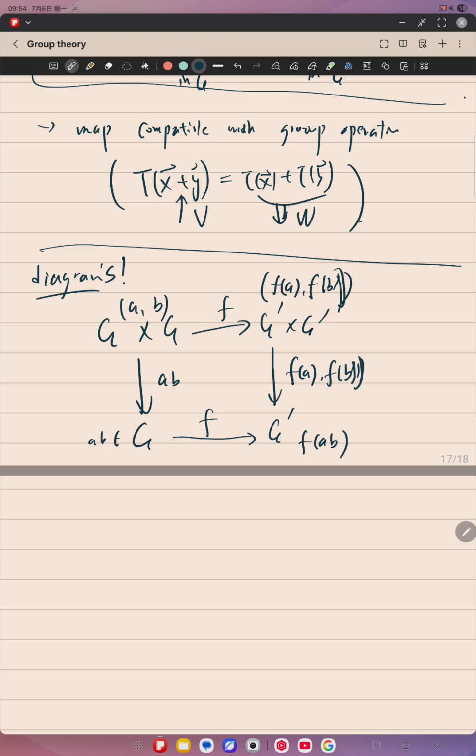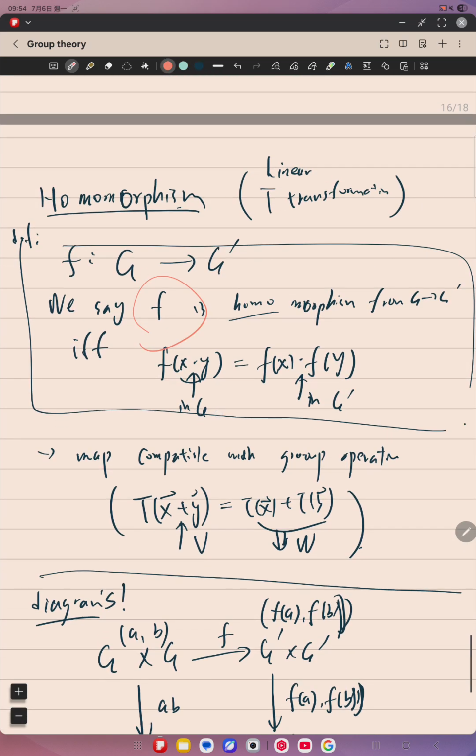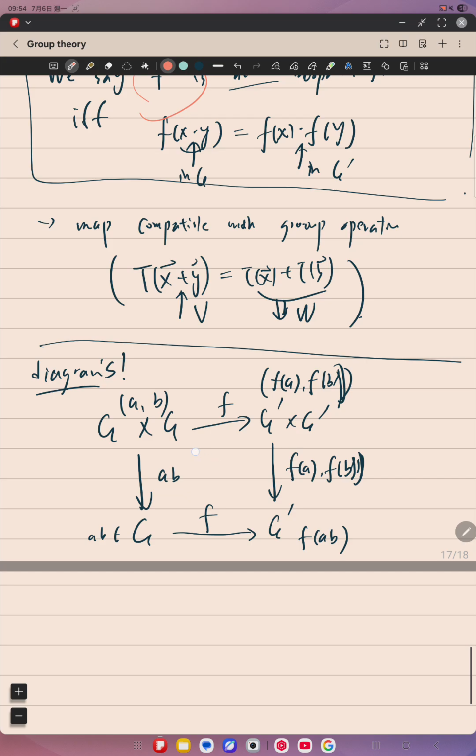Okay, so what this diagram is saying is that the definition of group homomorphism is basically saying that this diagram is commutative. Meaning that if I go from here, the tuple (a, b) goes to the composition ab, then it goes to f of ab. This is the same as if I go here: I first compute both f of a and f of b, and then compute their product f of a times f of b.